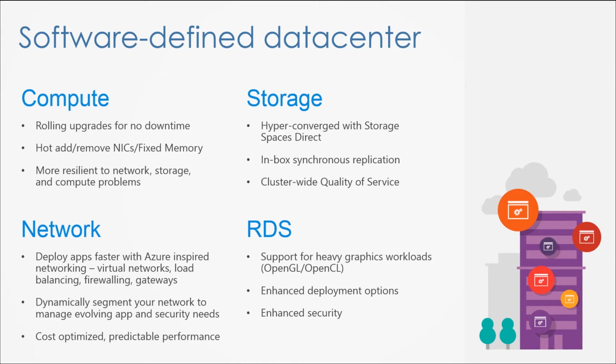You can upgrade a host to 2016 and still have other hosts in 2012 R2 in your cluster, and do that as a rolling upgrade. You can add and remove NICs, network interface cards, and change fixed memory. More resilient network, storage, and compute, so not as sensitive if something goes wrong.